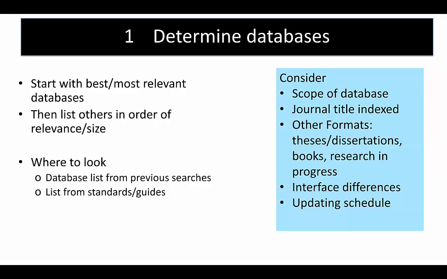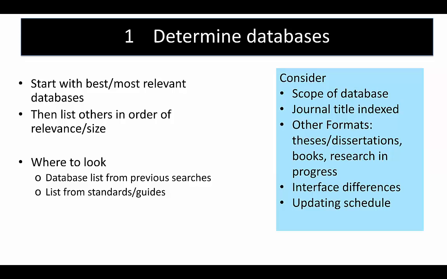In thinking about which databases should be searched, I almost always start with Medline, but it really depends on the topic and whether that makes sense for it. Then, to list the other databases, I'll look at previous or related reviews and lists from standards, which we'll talk about in just a second. You also think about important journals for that topic, and sometimes you may not be expert on what those are, so you may depend on your group for that.